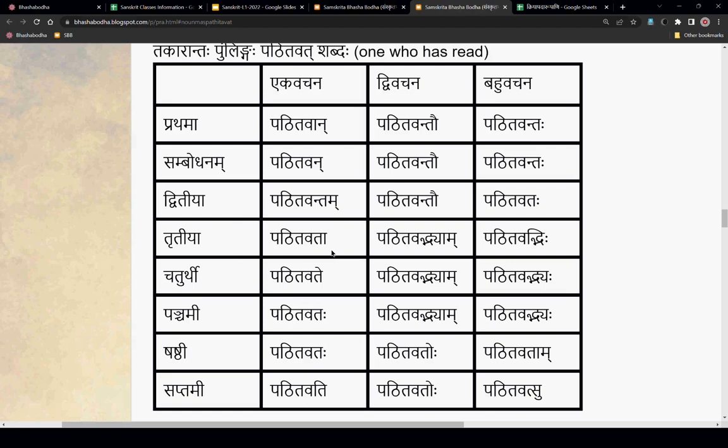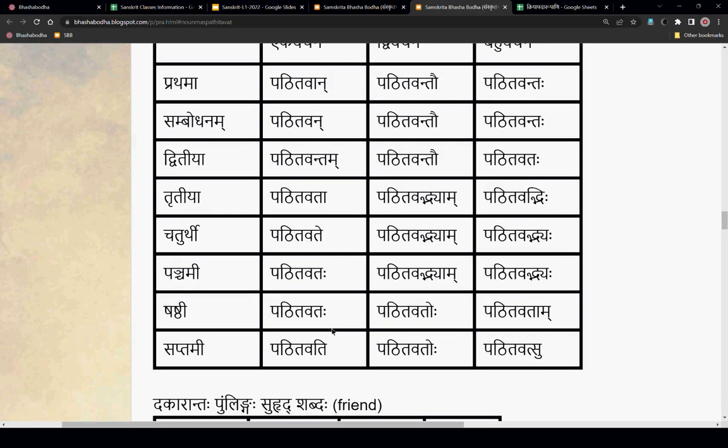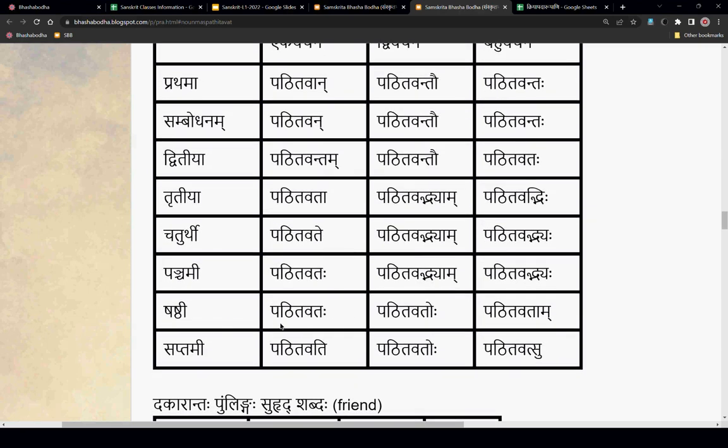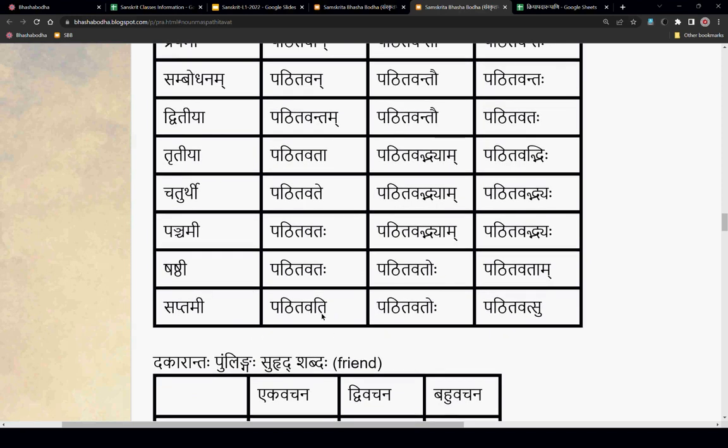Balakena Kimapi Bhavati, Kim Karyam Bhavati. Chaturthi: Patitavate Balakaya Pustakam Dadatu. Panchami: Patitavatah Balakat Shlokah Kandukah Patati. Shashthi: Patitavatah Balakasya Mukham Pashyatu. Saptami: Patitavati, this is not dirgha.